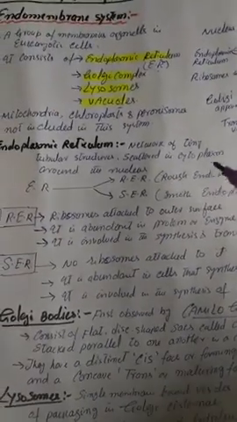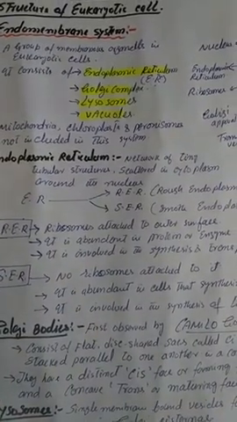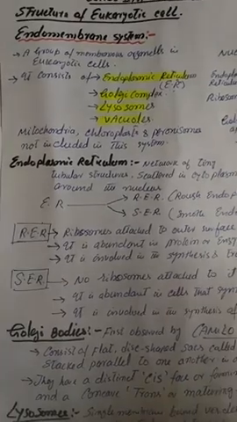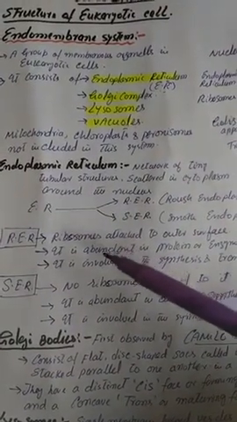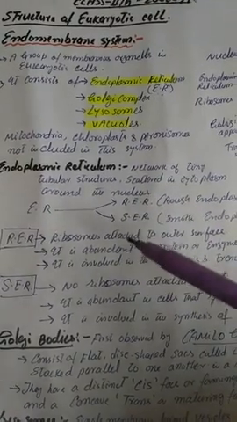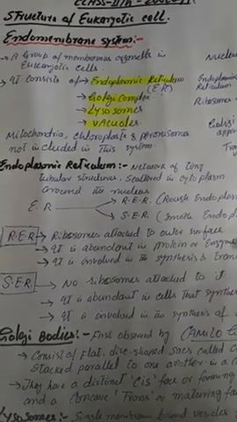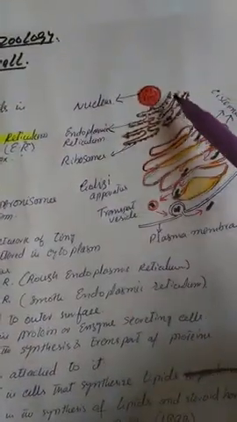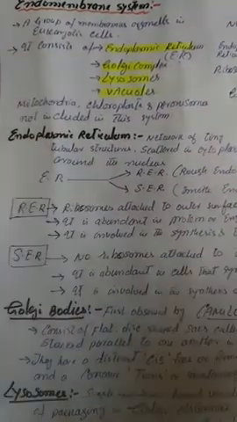Now often a question is asked during your examinations to point out the main differences between the rough and smooth endoplasmic reticulum. And in this connection, you must remember that rough endoplasmic reticulum has ribosomes on its outer surface, as is shown here. These dot-like structures, these are the ribosomes present on the outer surface.